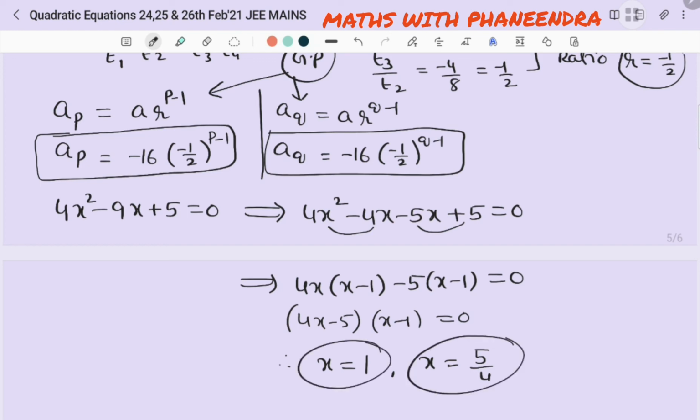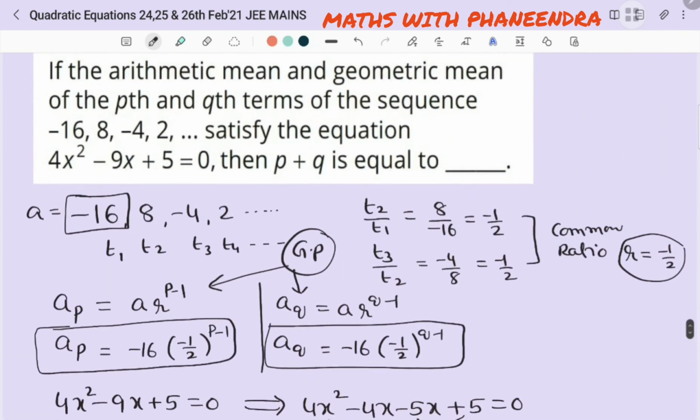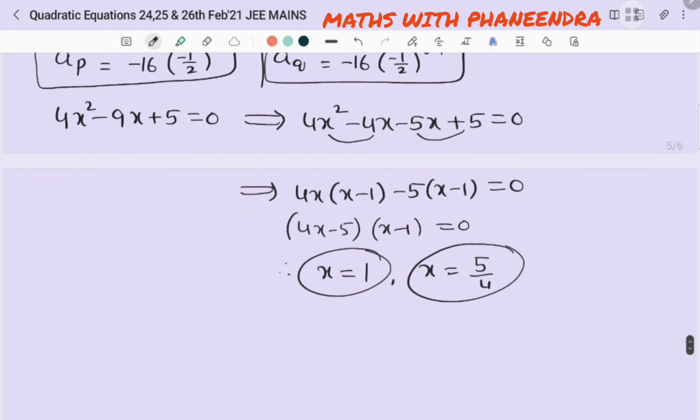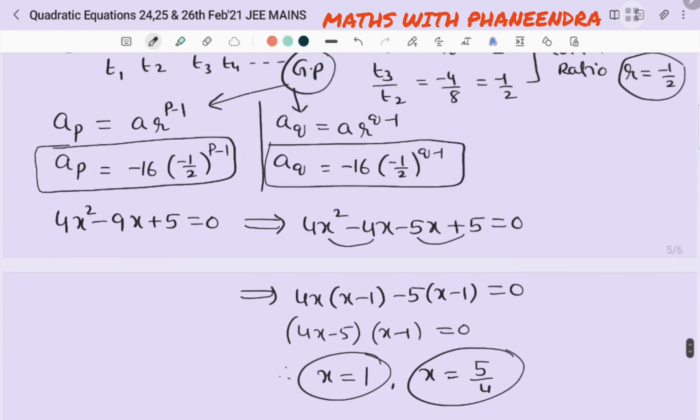So these values are satisfying the equation. So the pth term and qth term, and here one more mention: the geometric mean of the pth and qth terms of the sequence satisfies this equation. That means the geometrical mean of AP and AQ is equal to 1 or 5 by 4, any one of them.